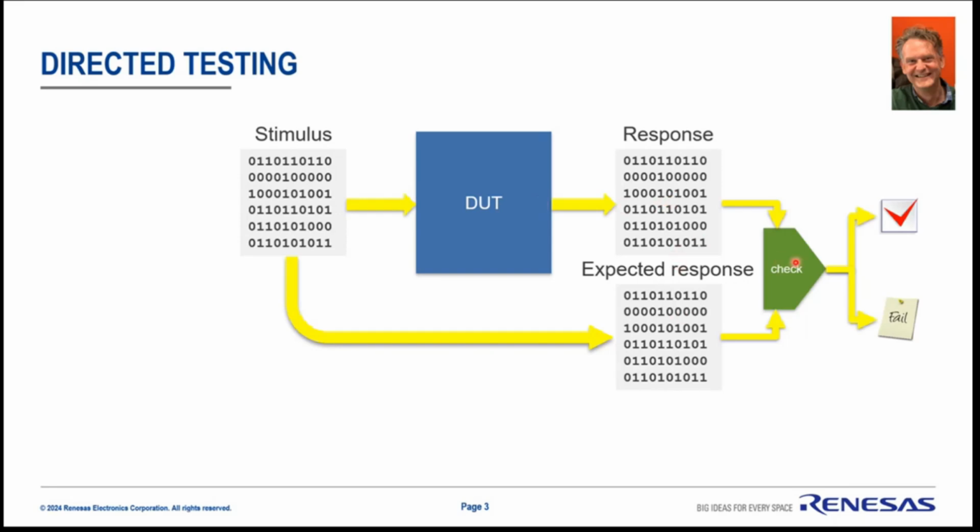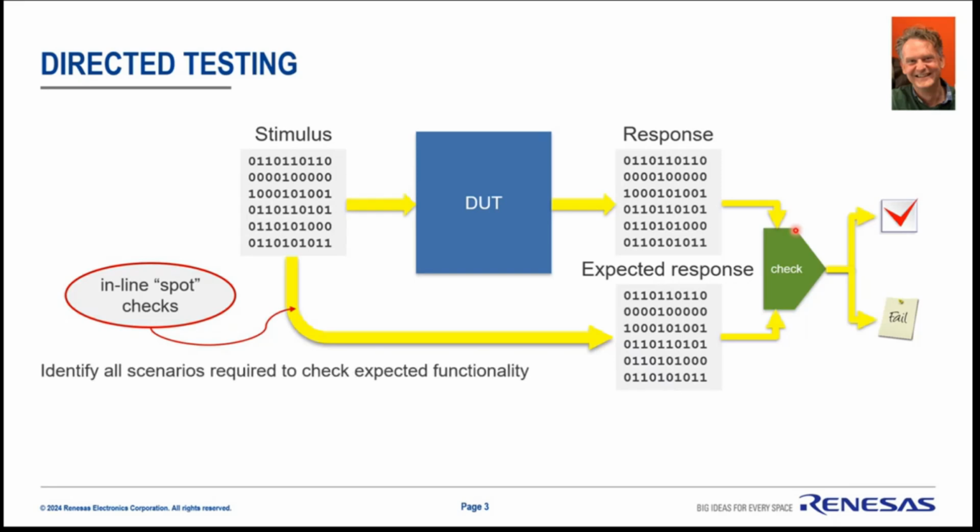All of this is hand cranked, and typically the expected response isn't going to be a file to compare or a set of ones and zeros, but typically we have inline spot checks that are interwoven in the stimulus file or the test case. So that's quite a common setup that you might see when people do directed testing.